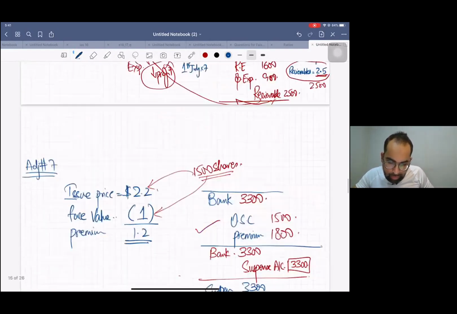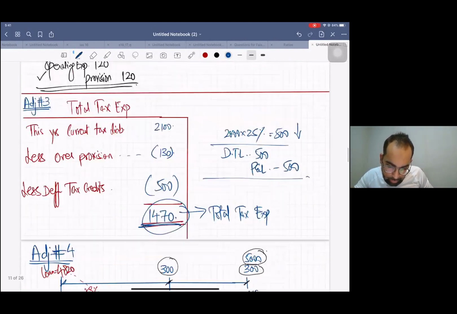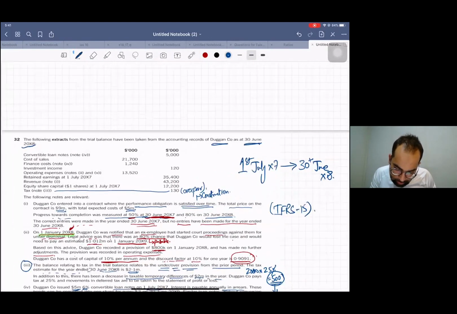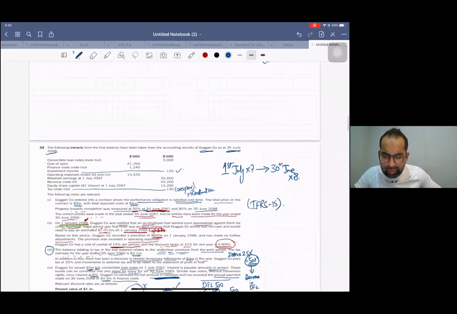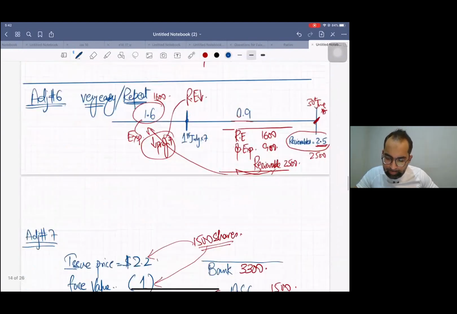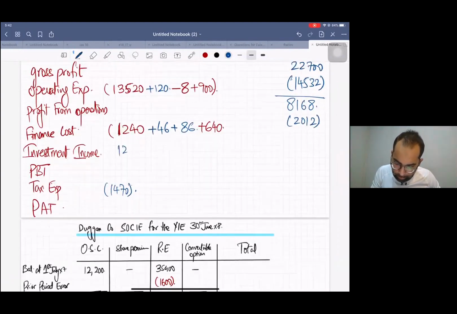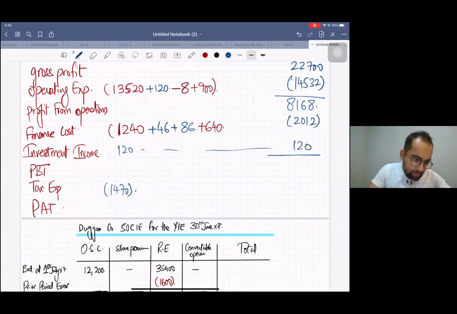Go and pick it. Yes, here it is. Investment income is 120, ready-made in the trial balance. Let's simply post it, no adjustment required for investment income. Okay, so let's calculate PBT.